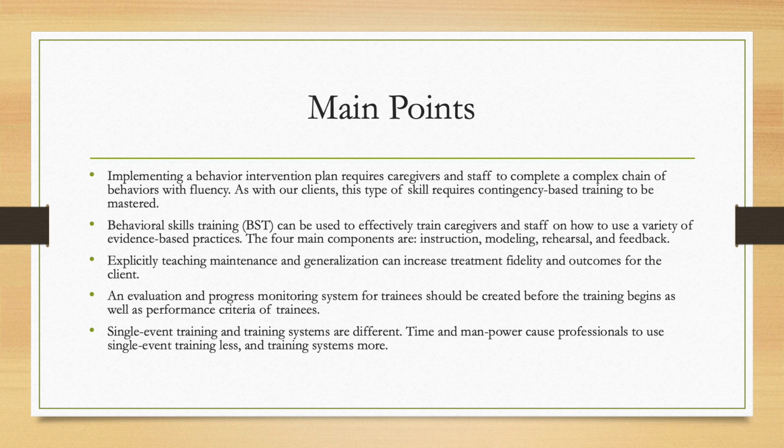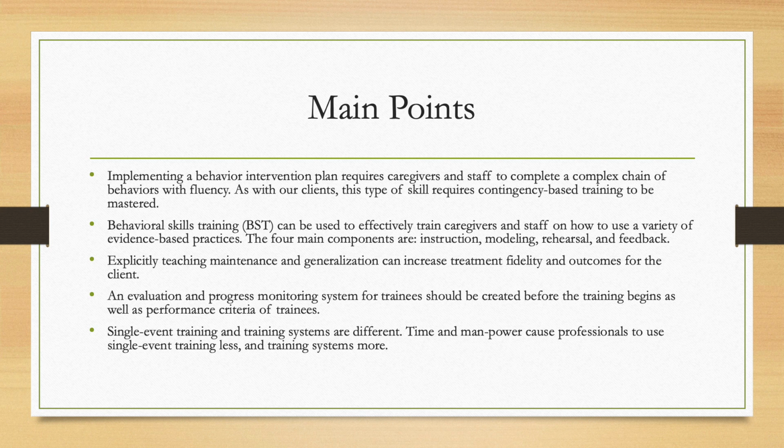The second main point I wanted to talk about is that now they're actually introducing in the chapter behavioral skills training. What I like to think of behavior skills training is basically a task analysis for adults, to be able to train adults using ABA.